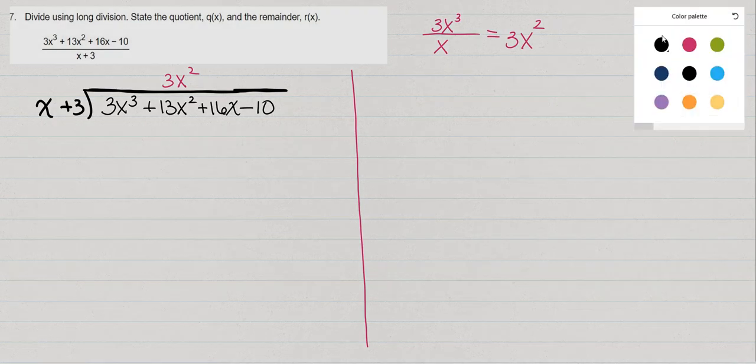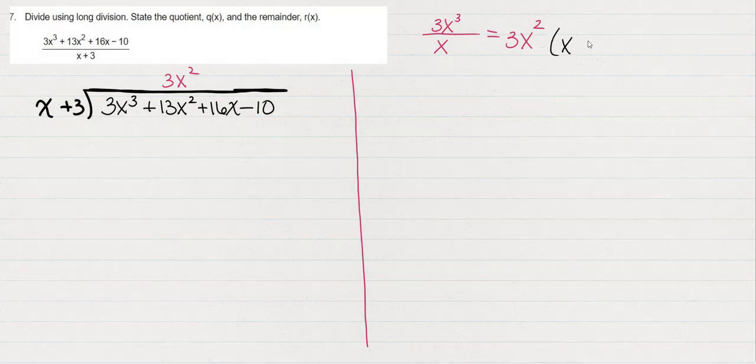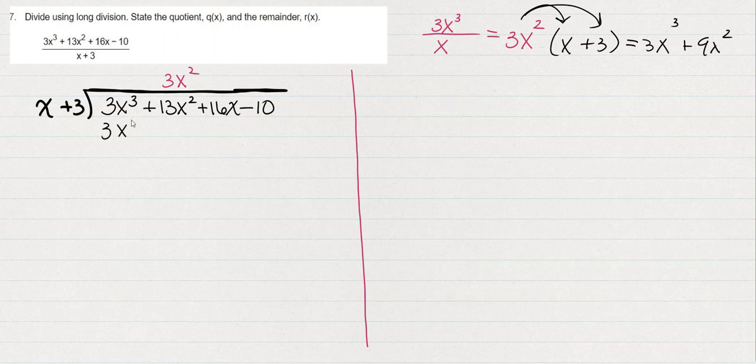So I'll multiply that 3x squared times our divisor, this x plus 3. And when I distribute that, I'd get 3x cubed plus 9x squared.